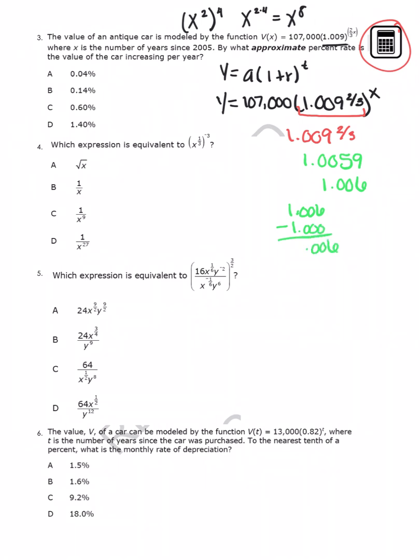Now that's a decimal. Changing it to a percent, I need to move that decimal 2 times, so it'd be 0.6%. So C would be your correct answer there. Go ahead and clear this part off so I have room to write in the next one.